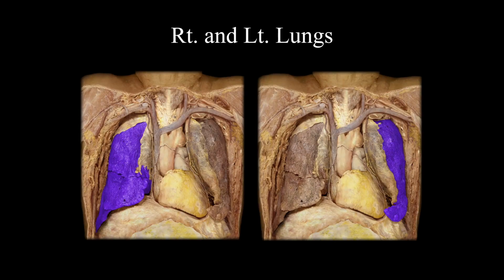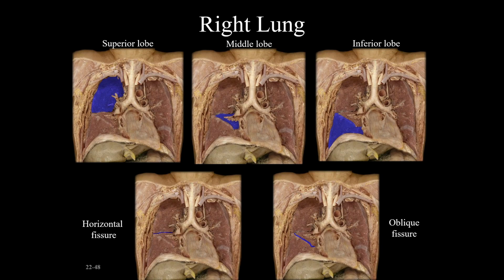So you have your left and right lungs. Okay, so let's start with the right lung. We have 3 lobes. You have your superior lobe, your middle lobe, and your inferior lobe. What divides them is two fissures that can help you identify which is being highlighted.